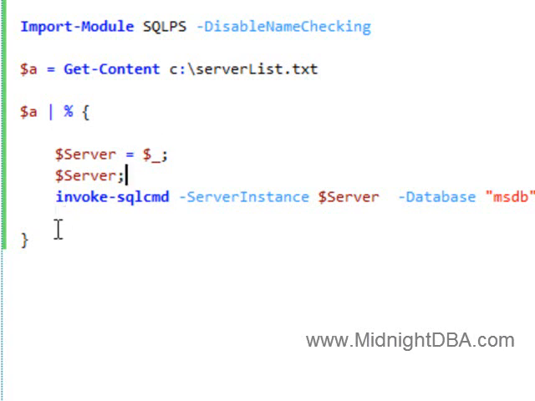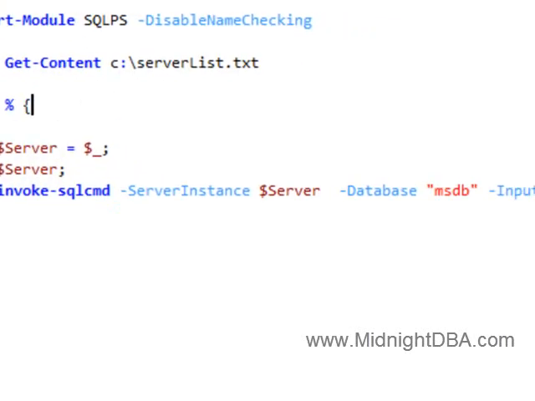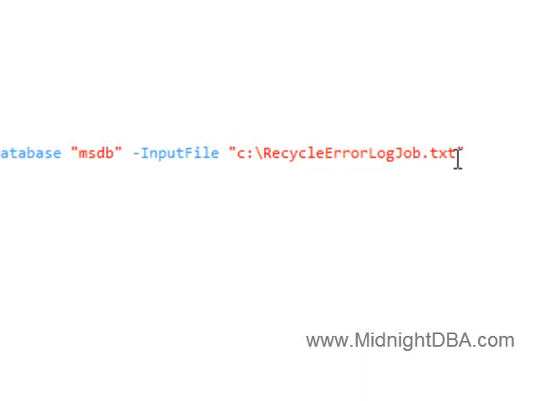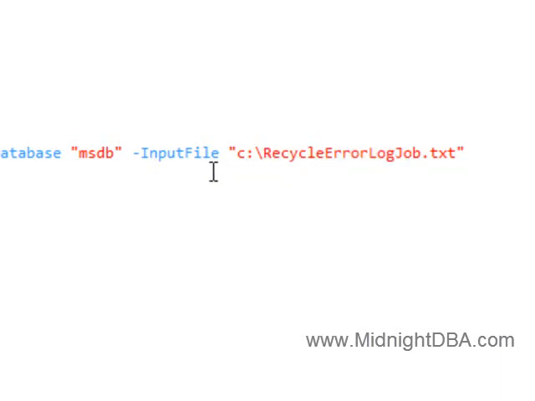I can take this right here, and I can do anything with it just by changing either what's in this file or changing the file that it points to. So I don't have to rely on SMO. I don't have to do anything fancy to get tons of use out of this. Any SQL you can run against a server, you can run against all your servers just by replacing what's in this text file or by replacing the file that you use, and absolutely everything else is done.